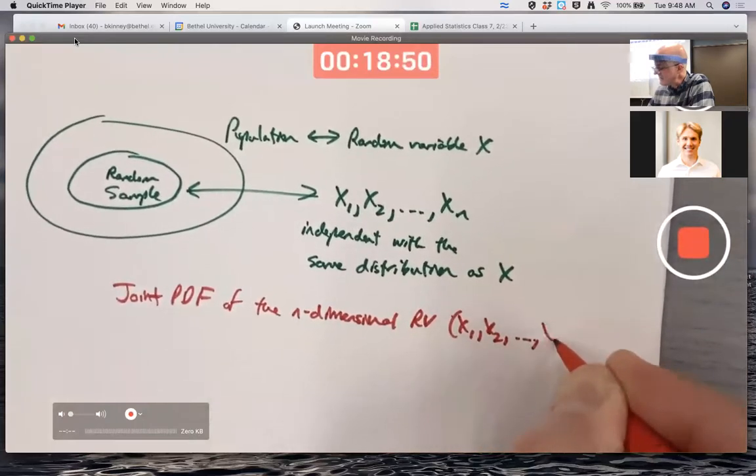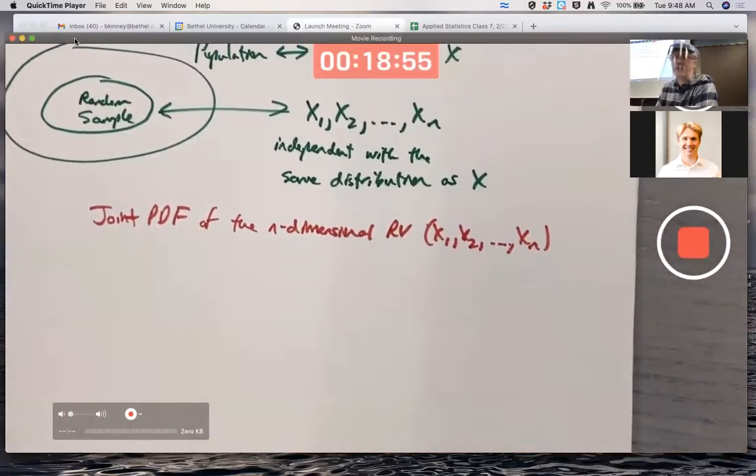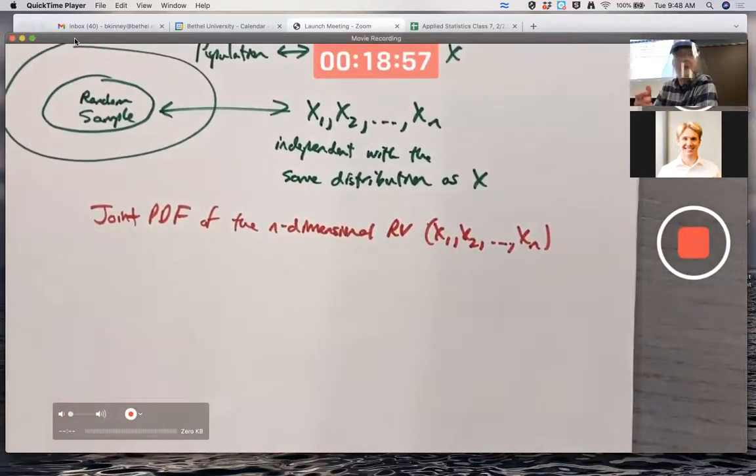Effectively, this is a vector written as a point. I could write it as a point, or effectively think of this as a row vector. I could also write it as a column vector.